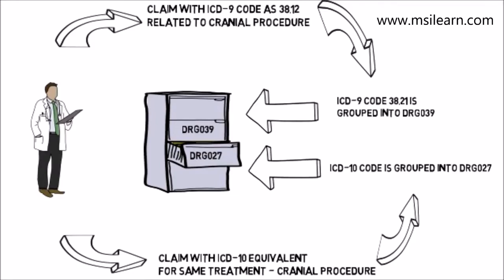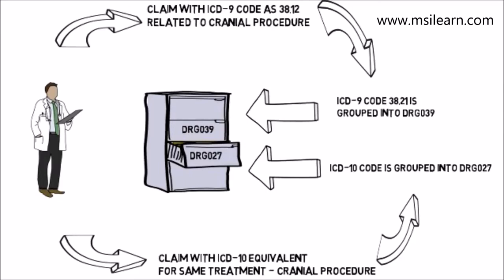So how to maintain financial neutrality in this case? In order to maintain financial neutrality, we have to maintain our old DRG. We don't want to move to the new DRG, which is DRG 027, but instead, for the same procedure, what we want is DRG 039. If we can maintain the old DRG, we can maintain our financial neutrality.